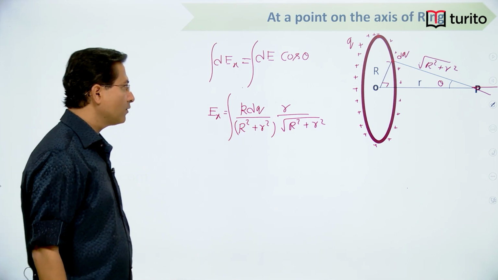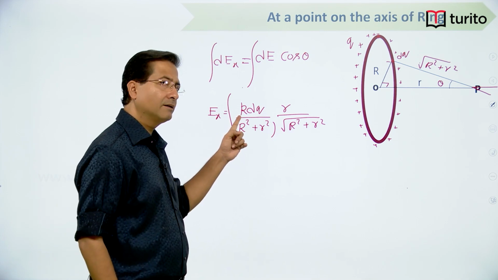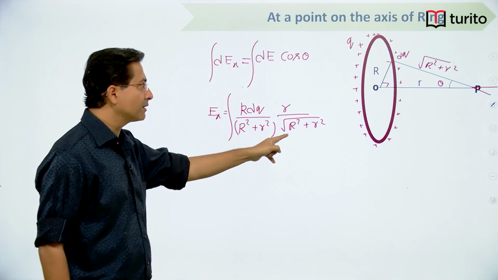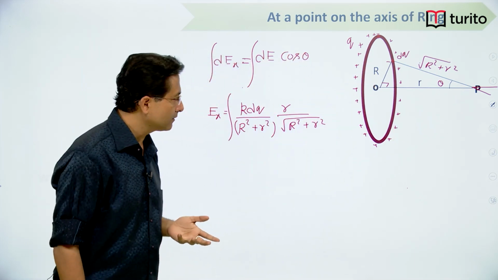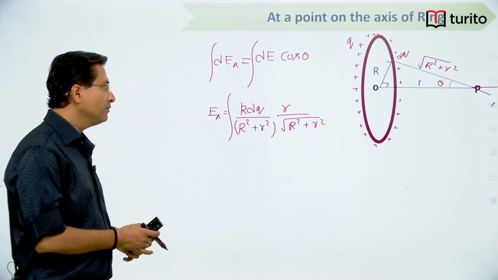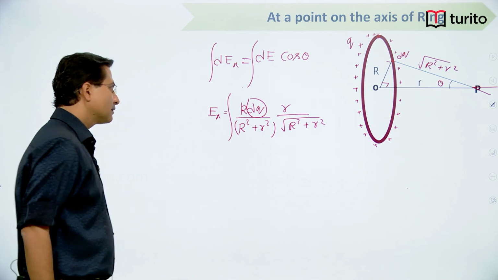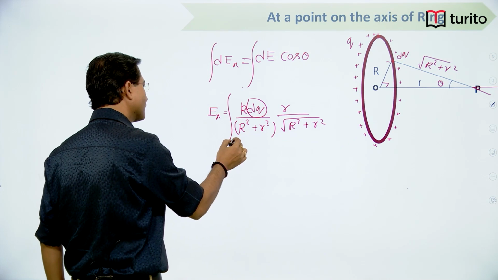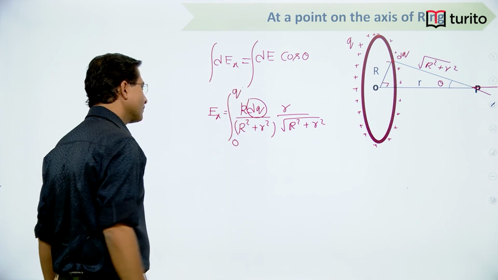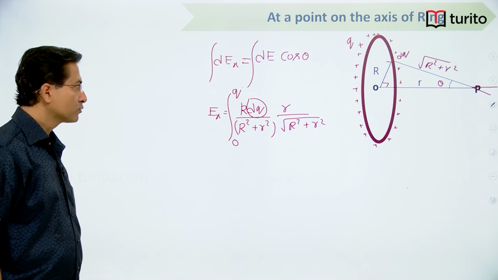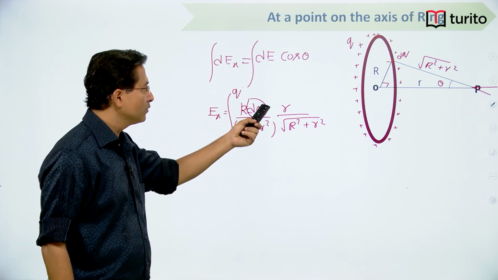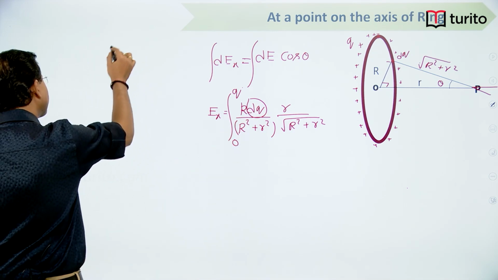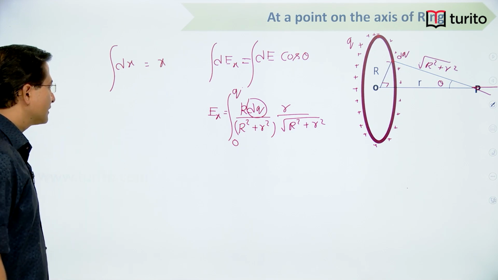Now, look at all the terms involved: k is a constant, r is the fixed distance at which we want to find the field, so this r is constant, and capital R, that is the radius of the ring, is also constant. So, all these terms are constant, the only variable is dq. That means I need to integrate the charge. So, the total charge on the ring, this will give you capital Q after integration of dq.